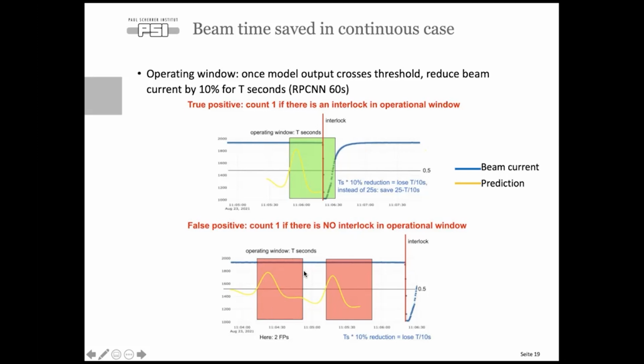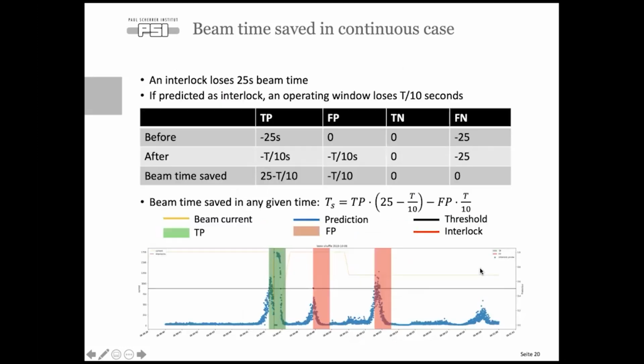So by taking all this into account, we can come up with this beam time saved in any given time range. We have the knowledge that an interlock would lose 25 seconds of beam time.